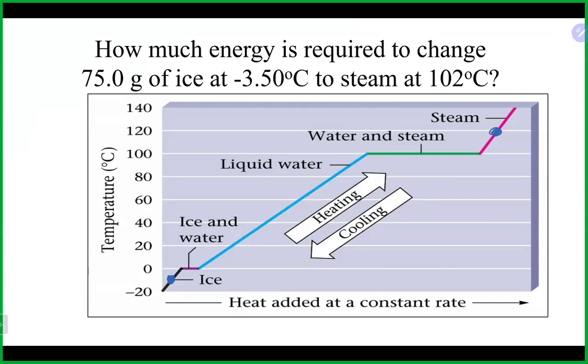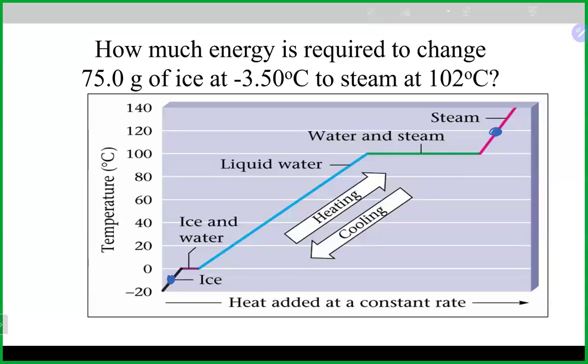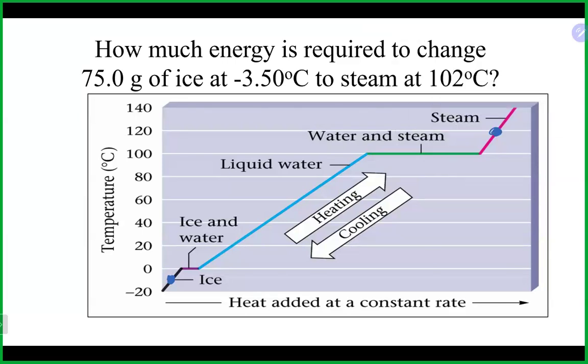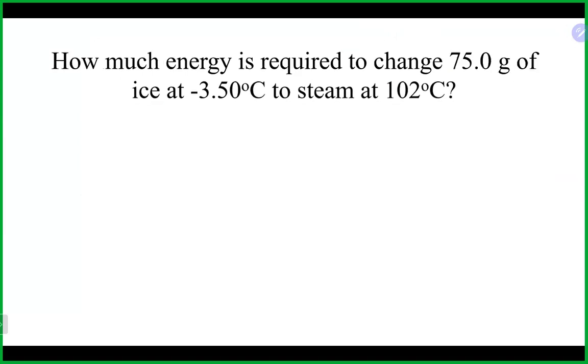This is a process that occurs in steps. The first thing that would happen is we would take our ice at minus 3.5 degrees Celsius and take it to ice at 0 degrees Celsius. That would be our first step here.